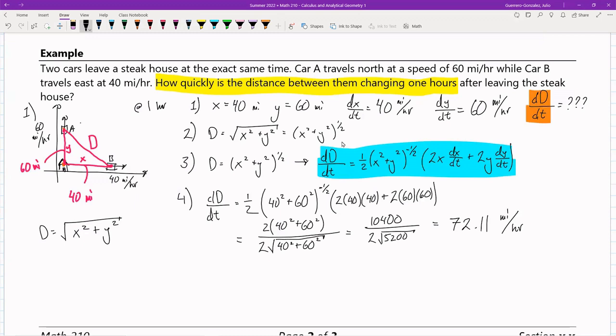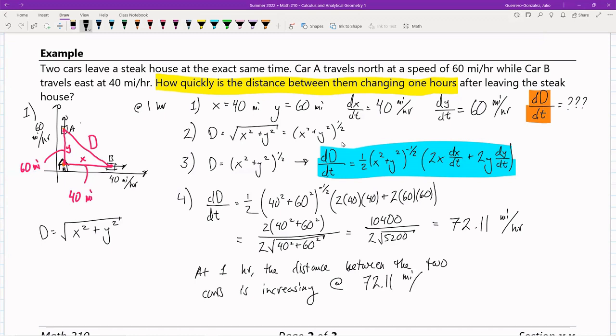So at 1 hour, 72.11 miles per hour. There we go.